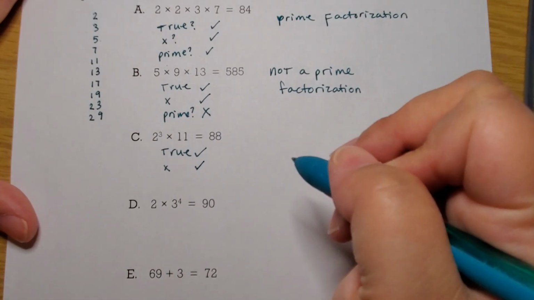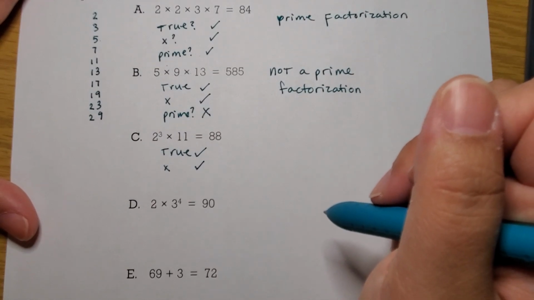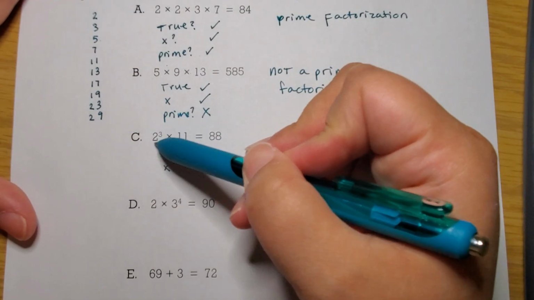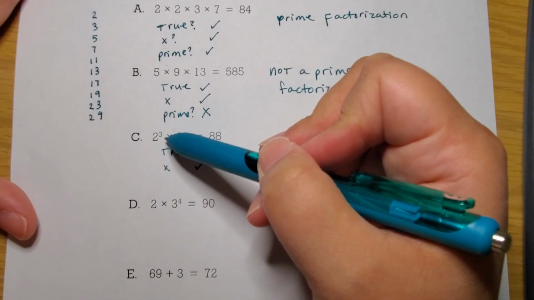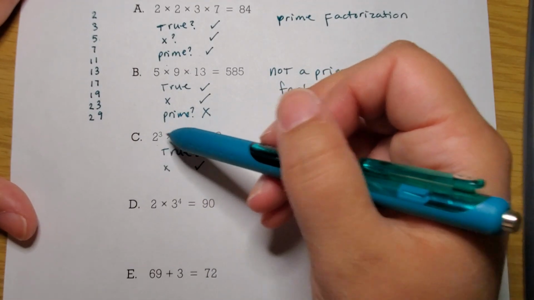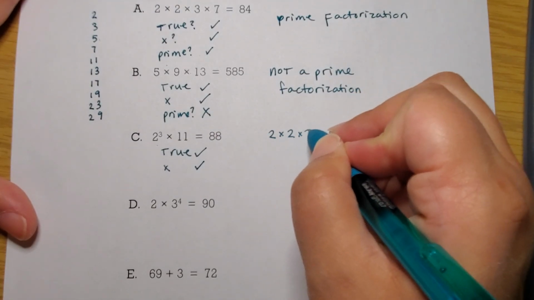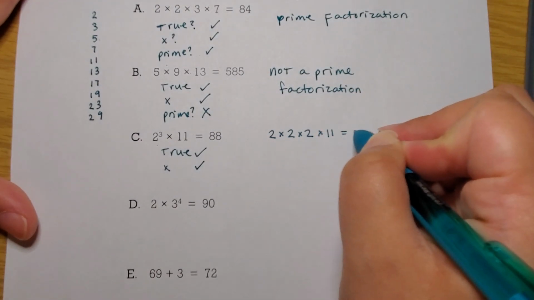Yes. So this is where prime factorizations or factorizations in general can be a little bit sneaky, because when you have an exponent, remember that exponents mean repeated multiplication. So 2 cubed times 11 means 2 times 2 times 2 times 11.